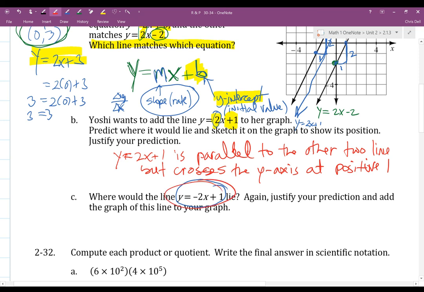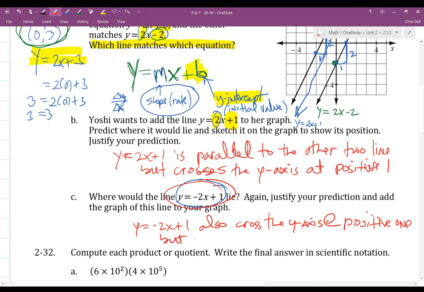Here, if I'm going to predict this one, well, this one also, y is equal to negative 2x plus 1, also crosses the y-axis at positive 1, but has a downhill slope because it's negative.